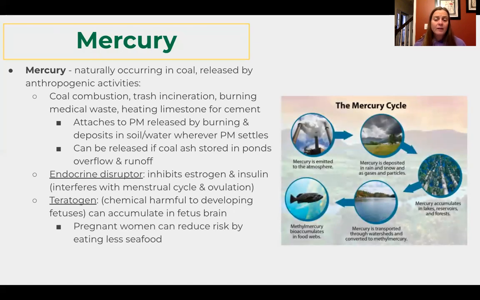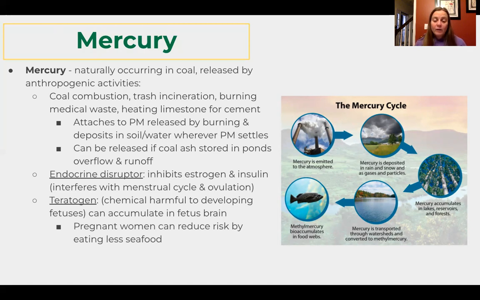Because mercury gets emitted into the atmosphere, gets deposited, it accumulates in lakes or reservoirs and streams, and it gets transported through the watersheds. And the bacteria in the water actually convert mercury, which is harmful but not as harmful, into methyl mercury.